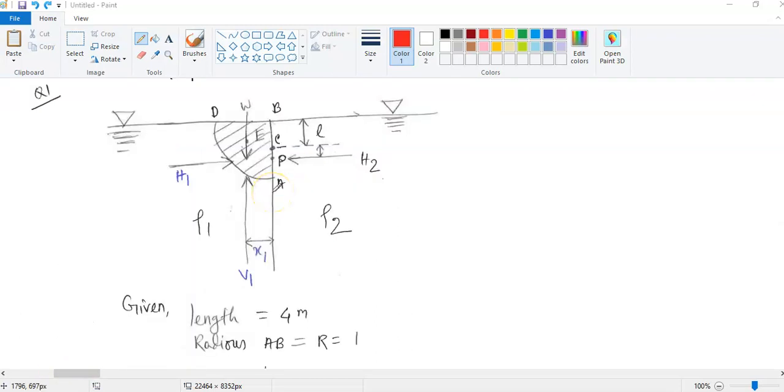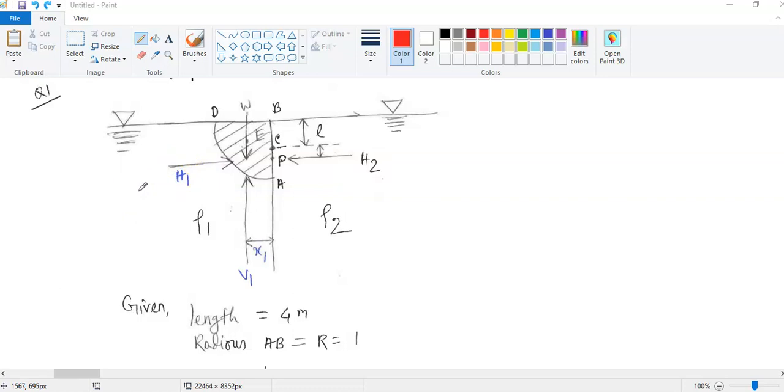If you see the drawing here, it is actually something like this. If you already know the theories about hydrostatic force on a curved surface, you're familiar with terms like center of pressure, centroid, the horizontal force, and vertical force.